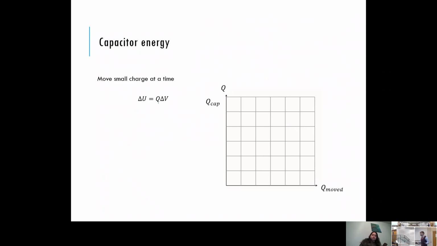Now we have an expression for the change in potential energy of a capacitor. I'm just taking our definition of capacitance and rearranging that.